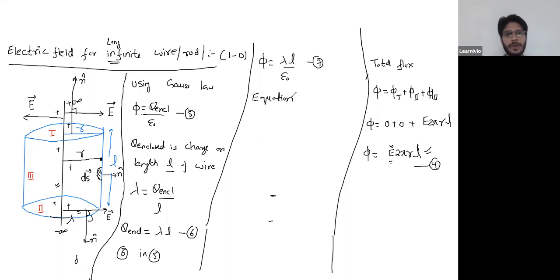So we can equate 4 and 7. When you equate them, you will get E multiplied by 2 pi R L equals lambda L over epsilon. This L will cancel that L, and you will get that E is lambda over 2 pi epsilon naught R.